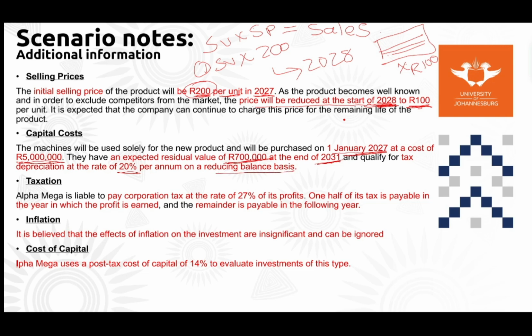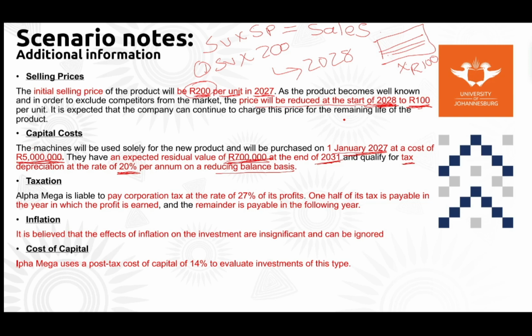So we know that we're going to have to be reducing the value of the machines by 20% in order for us to get our depreciation. And also we need to get the tax benefits using these amounts, right? As well as this amount that would then be a profit to us when we eventually sell it off, right?